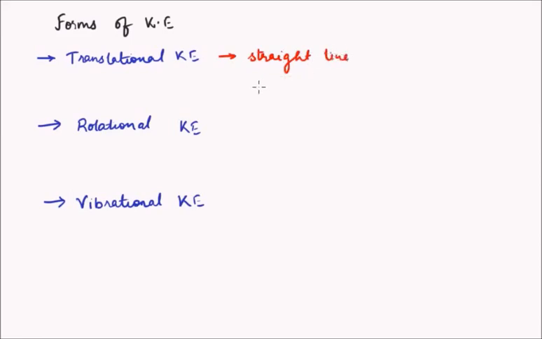That would be, say, a box moving in this direction with a velocity v, then the kinetic energy is half mv square. So that is translational kinetic energy.